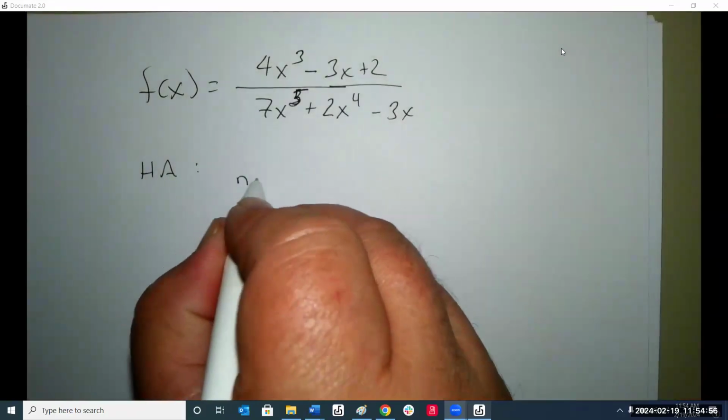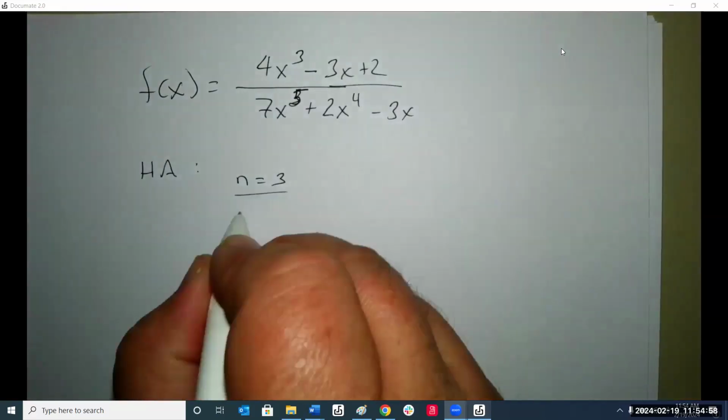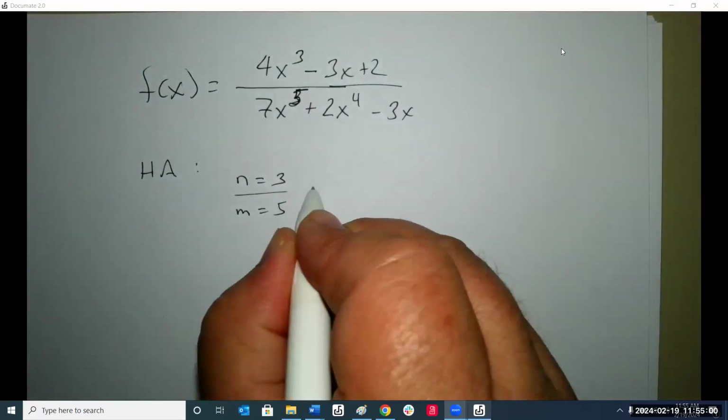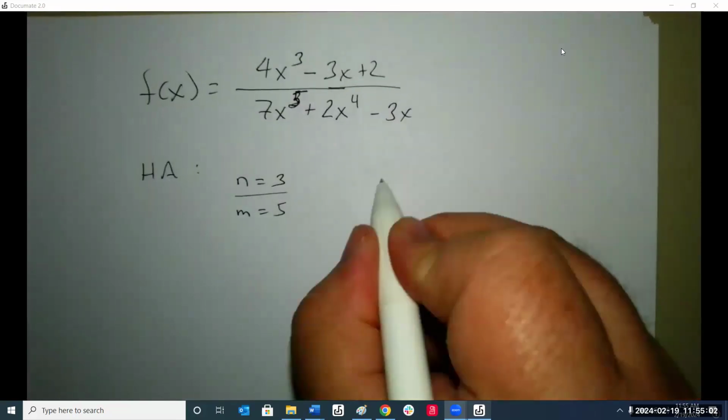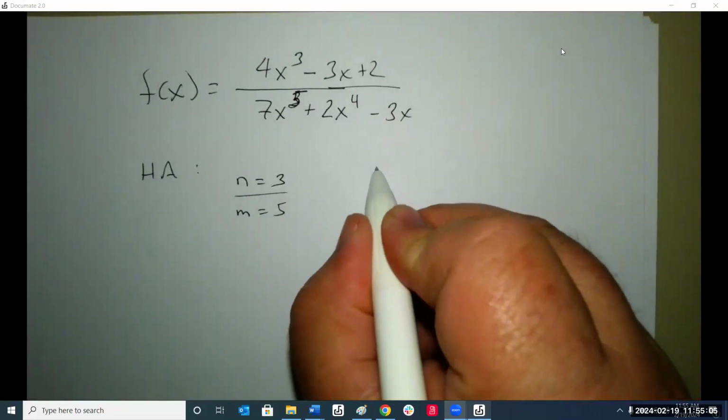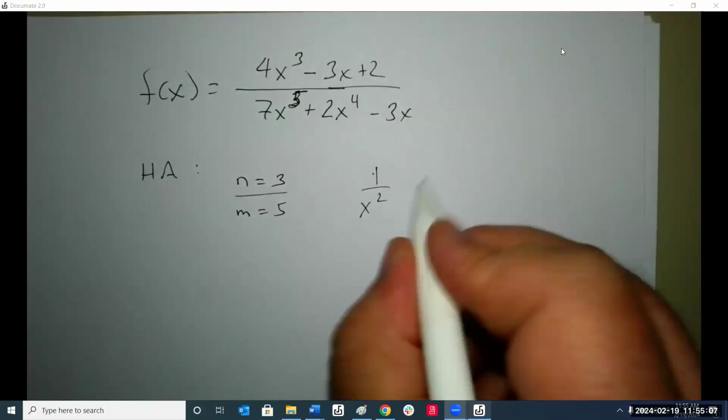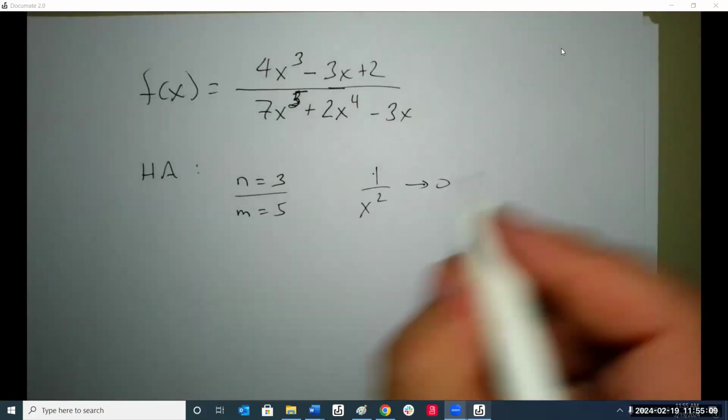So n is equal to 3, m is equal to 5. So we have 1 over x squared, which goes to 0. So the horizontal asymptote is 0.